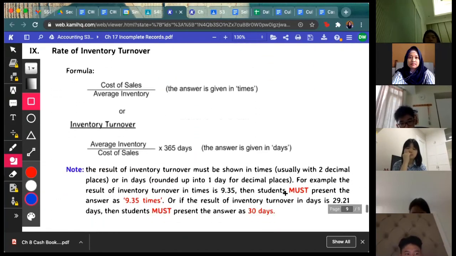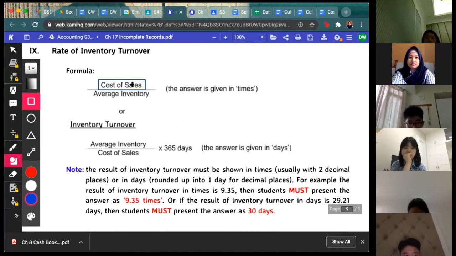Okay, next, last one, rate of inventory turnover. Sometimes you will need rate of inventory turnover if you don't have information on cost of sales, or maybe purchases information is gone.